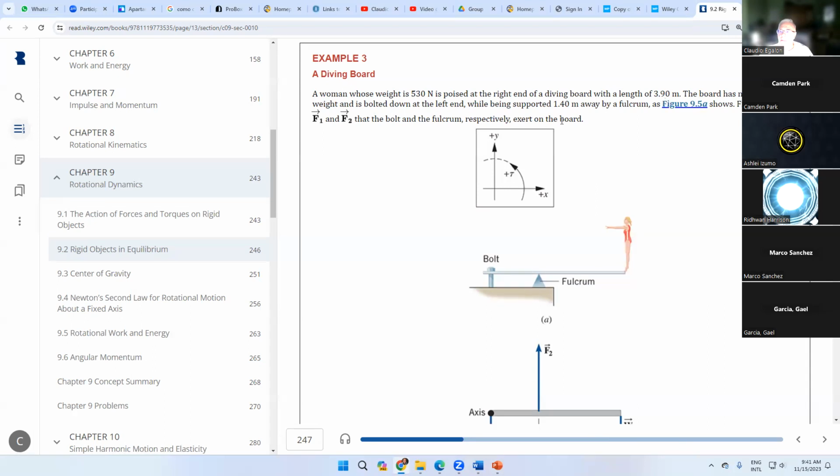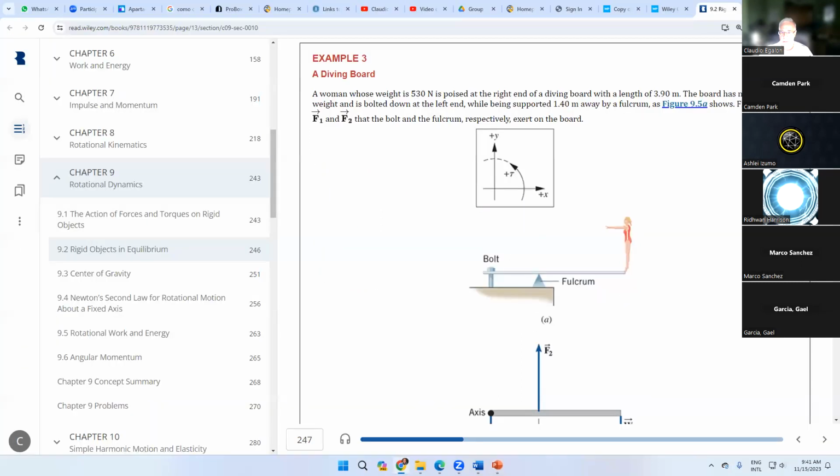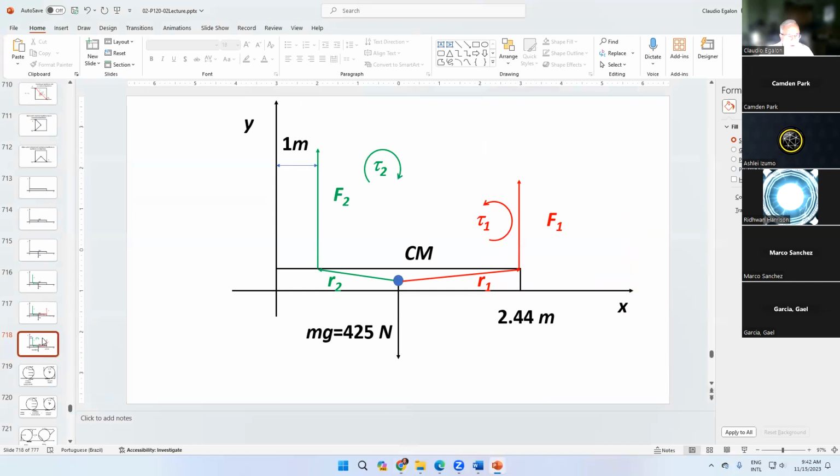Negligible, and it's both to the left. Okay, so we go. I have to do a drawing from scratch. And we are going to have a bolt here.